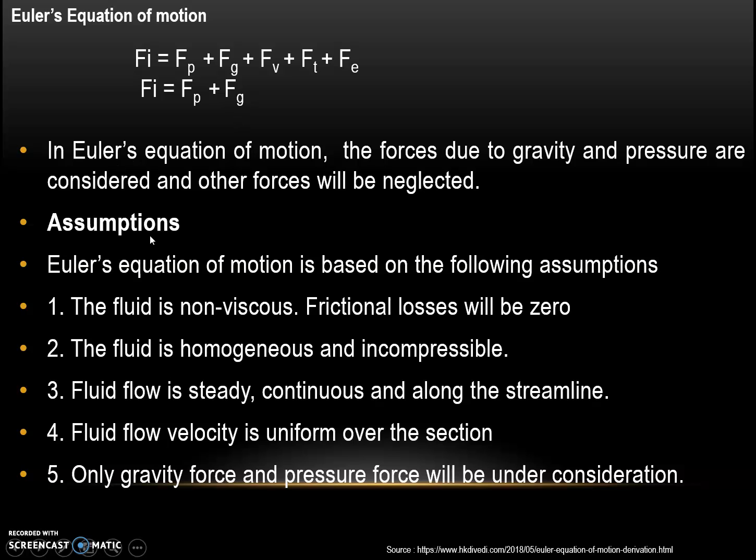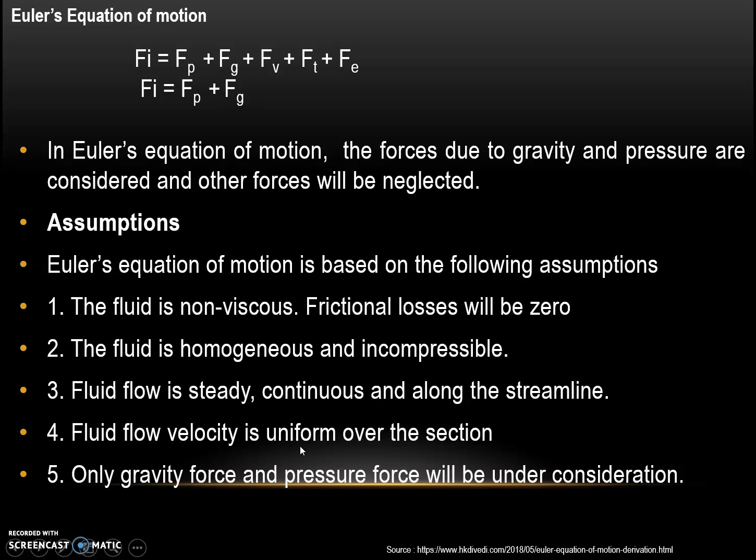Some of the assumptions made are: first, the fluid is non-viscous and frictional losses are considered to be equal to 0. The fluid is homogeneous and incompressible. The flow of fluid is steady, continuous and along the streamline.